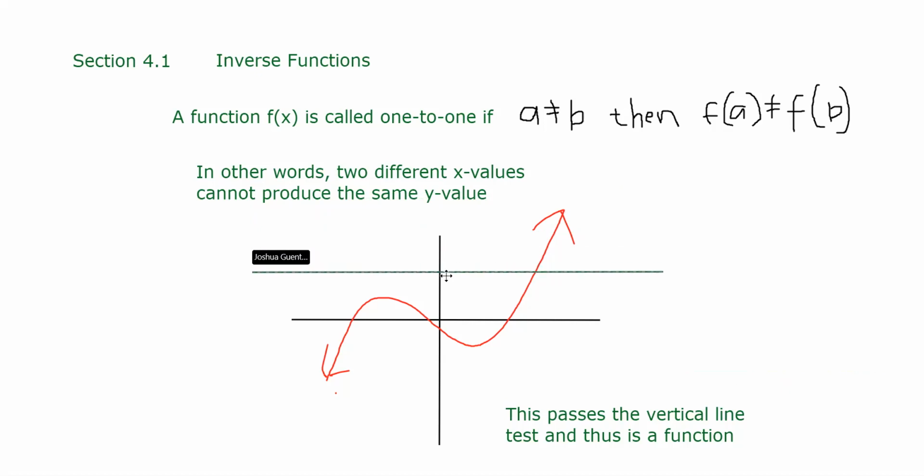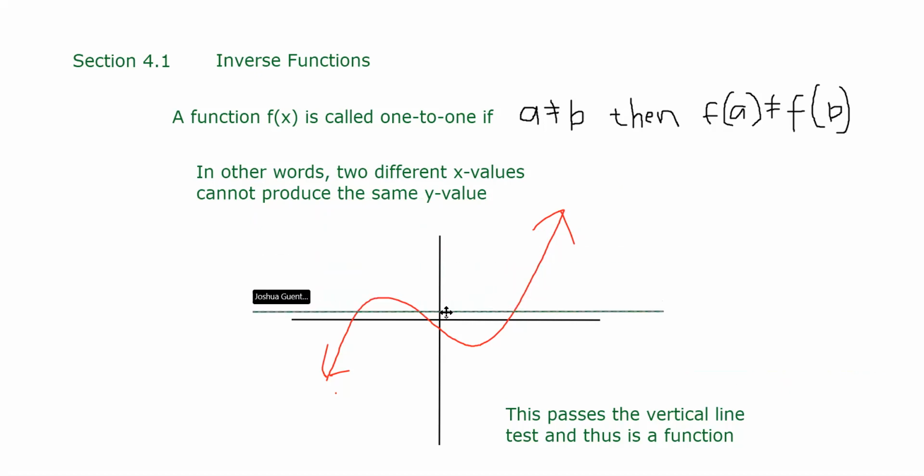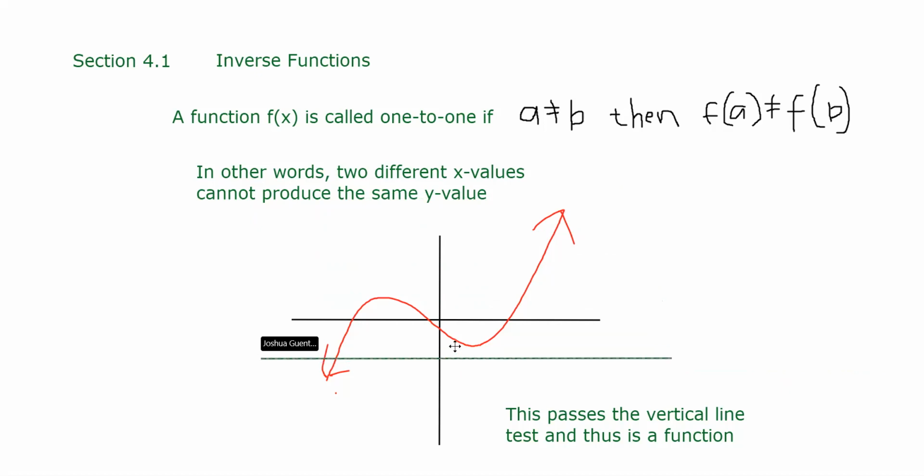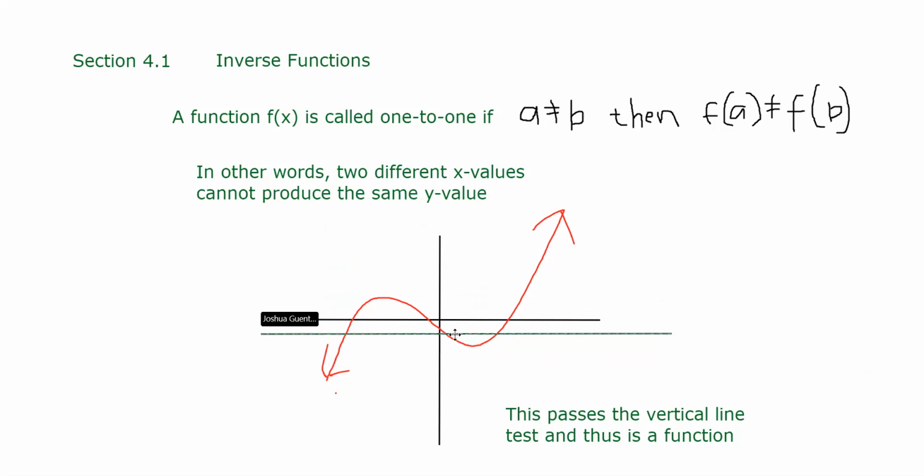We basically need to scan the function kind of up and down. And what we see is that if there's ever a moment where the horizontal line crosses through the function more than once, this fails the horizontal line test. And we see that it does that here. It does that in this range of values here.